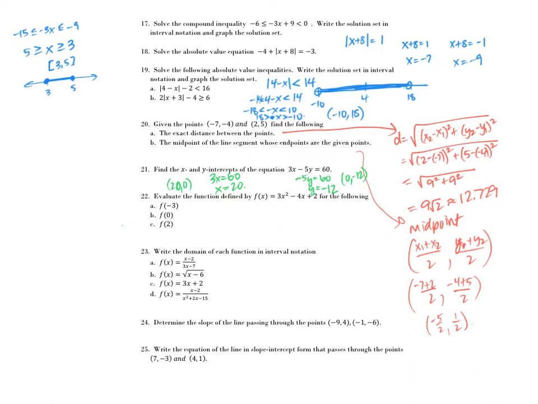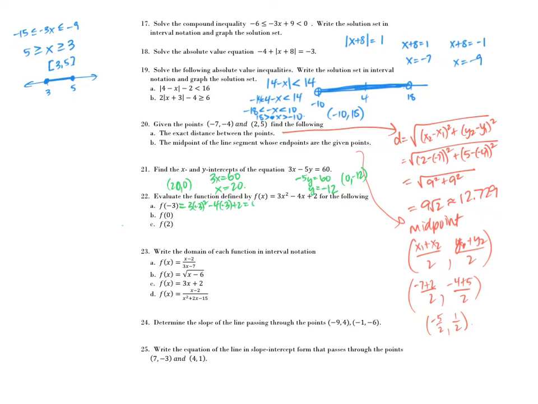Evaluate the function defined by that for the following values. So f of negative 3, I'm just going to plug in negative 3 for x. So 3 times negative 3 squared minus 4 times negative 3 plus 2.